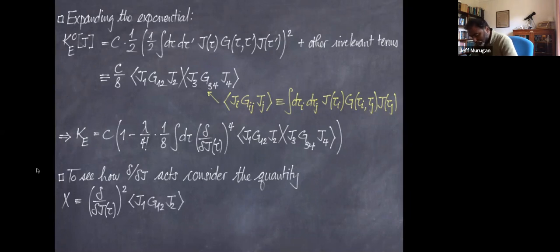I'm just going to give you an idea of how the computation works, and then I'm going to leave it as an exercise for you to fill in the gaps.